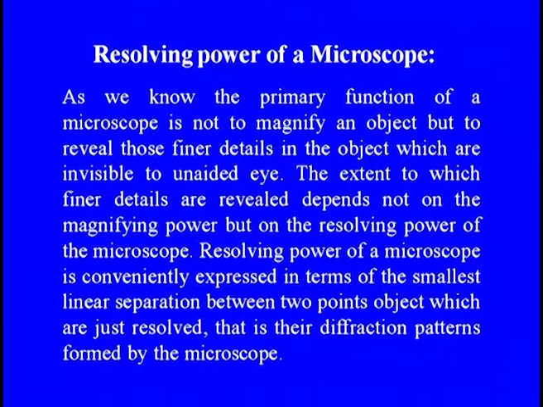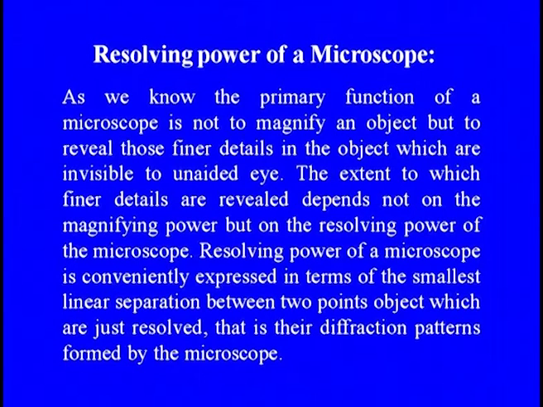As we know, the primary function of a microscope is not to magnify an object, but to reveal those finer details in the object which are invisible to the unaided eye. The extent to which finer details are revealed depends not on the magnifying power, but on the resolving power of the microscope.